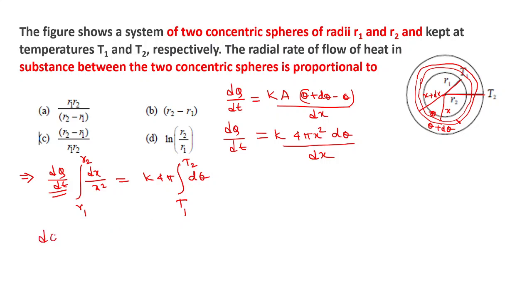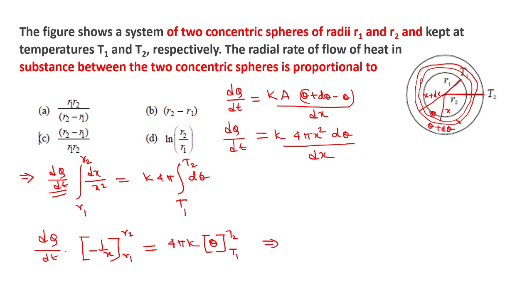So if I write here dQ by dt, the integration of dx by x square will be minus 1 by x, with limit r1 to r2. And if I solve this one, it will be 4 pi with k, and d theta. Clear? That means the integration will be theta with T1 to T2.